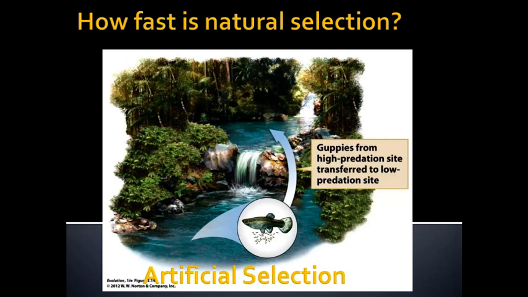Artificial selection is an example where just over a few generations, humans have had major changes on organisms. A good example is, well, really you can choose any domesticated crop or domesticated animal, and you can see the strong force of natural selection that humans have imposed on it via their choices. Dogs are a really great example. So over just a few hundred generations, right, over the last few hundred years, we have developed many, many different varieties and breeds of dogs.